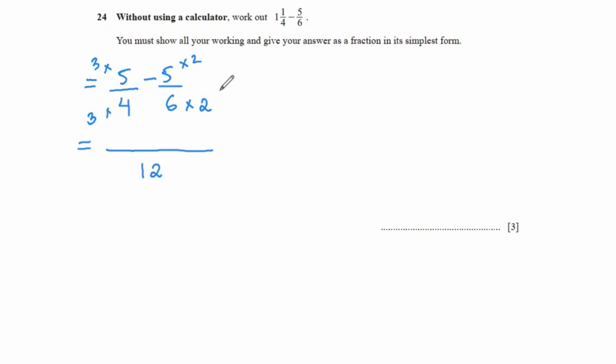Same logic applies to 5 over 6. Since 6 becomes 12 by being multiplied by 2, that means 5 will be multiplied by 2 as well. So the numerator will now be 15 minus 10, which is 5 over 12. This is our fraction in simplest form. We cannot further simplify these numbers.